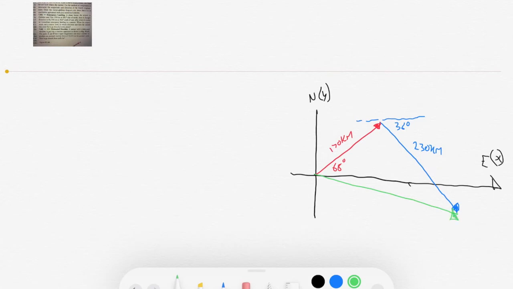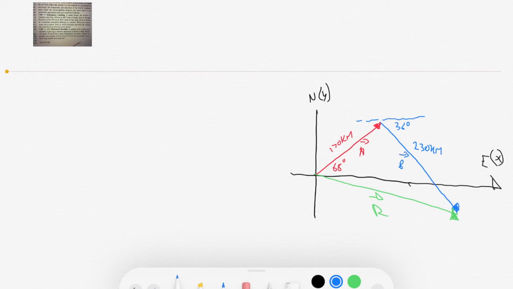We'll give it an arrowhead, and a capital R for resultant, which is the notation we tend to use, and an arrow there. So we've got 170 kilometers, 230 kilometers. Now we need to do a little bit of maths. Let's do some more notation. We're calling this vector A, and then we're going to call the blue one B. And what are we looking for?